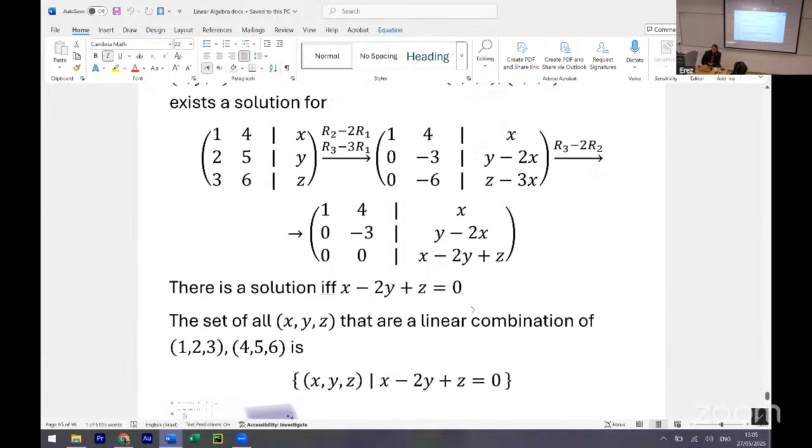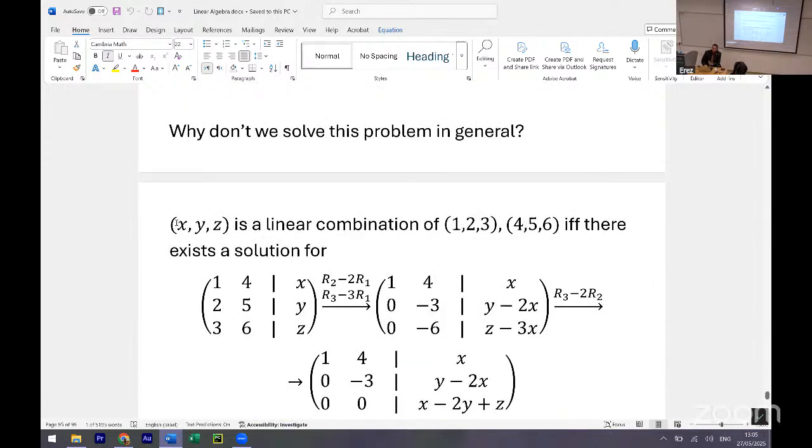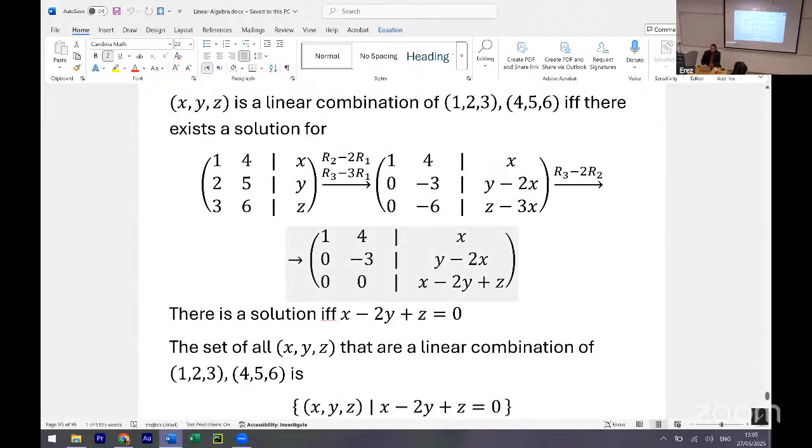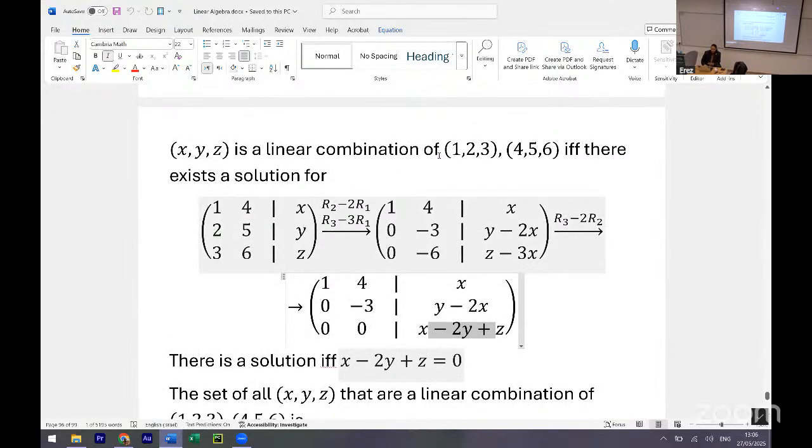And then we generalized it and said, okay, if I have a general x, y, z, under what conditions can I get to x, y, z from 1, 2, 3 and 4, 5, 6? And we found out that we will be able to if and only if x minus 2y plus z is 0, which is exactly a plane, which makes sense, since the set of vectors that you can get to from two directions is an entire plane.